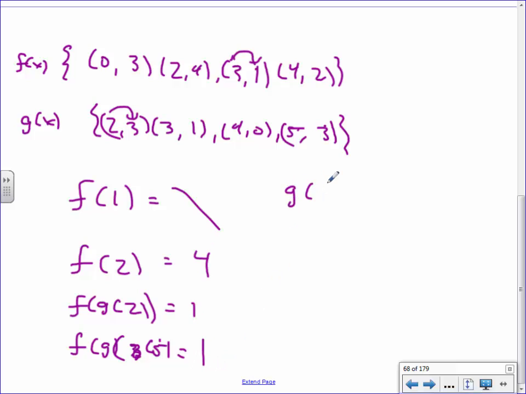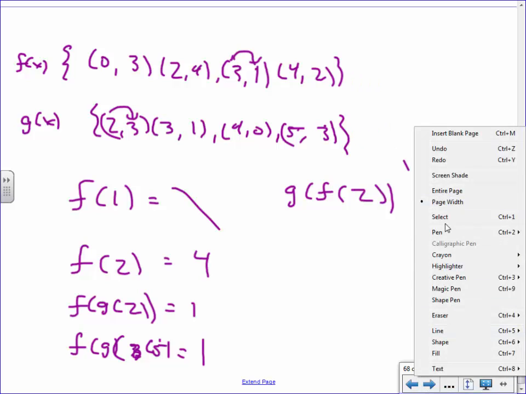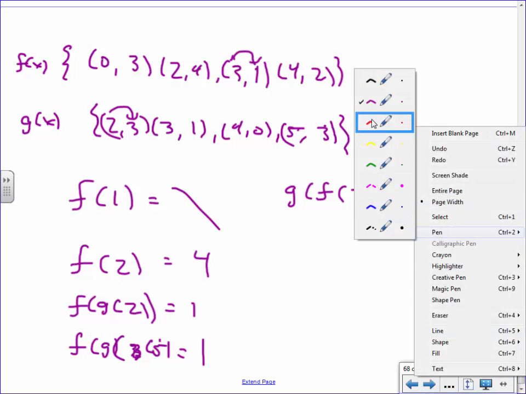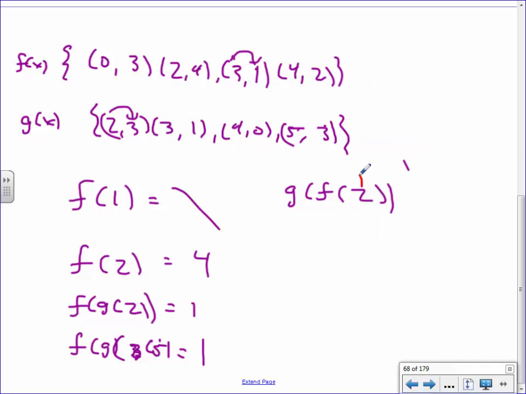Let's try g of f of 2. So see how I changed the order this time though? Start with 2 as your input, plug it into the f equation. Well, no, because you have to start with the 2 and plug it into the right equation, right? So 2 needs to get plugged into the f equation.